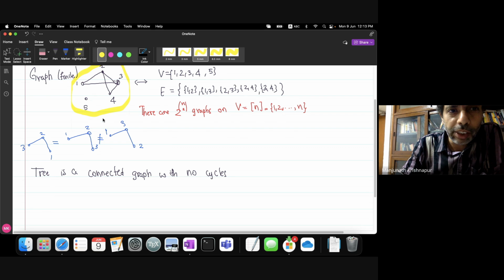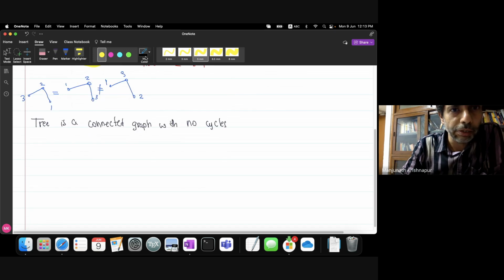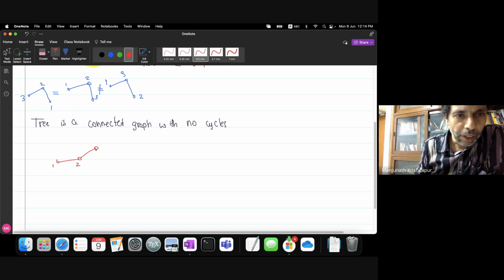So this graph is neither connected, and it does have cycles. So what is a connected graph without cycles? If you try to draw them, you will see how they look. For example, maybe vertex 1 is connected to vertex 2, is connected to vertex 3, maybe vertex 4 is connected to this, and 5, 6.